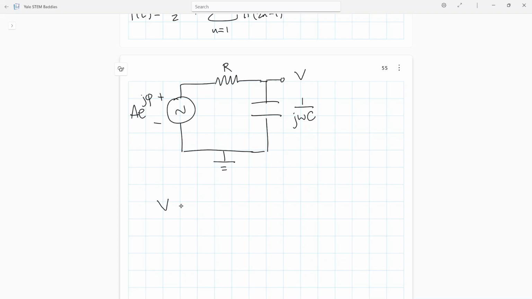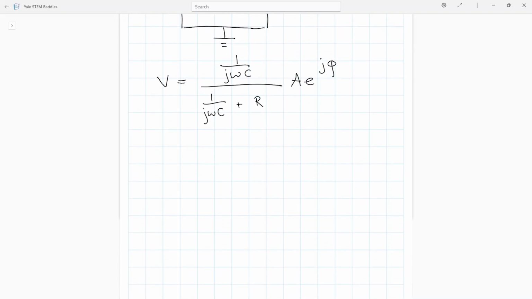Using the voltage divider rule, we know that the voltage V is going to equal all the resistance that's downstream of it, 1 over j omega C, divided by the total resistance, which is 1 over j omega C plus R, and then times the total voltage, which is A e to the j phi. This is just the classic voltage divider equation.